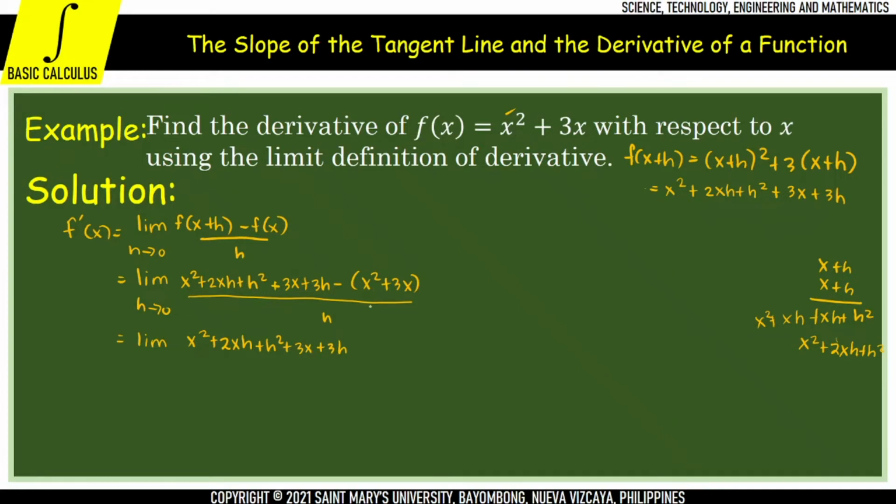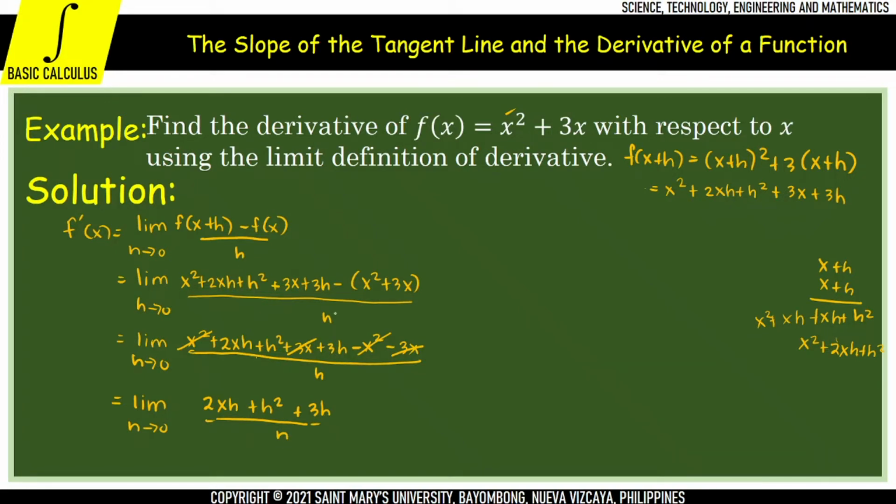Negative 1 times x squared is negative x squared. Negative 1 times 3x is negative 3x, all over h as h approaches 0. Siyempre, tignan natin kung may mga makakancel tayo such as x squared and then we have 3x. Meaning, our simplified form is 2xh plus h squared plus 3h all over h as h approaches 0.